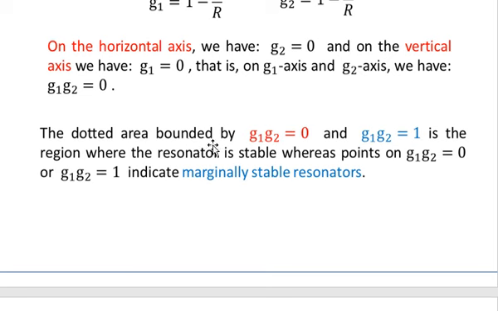The dotted area bounded by G1 G2 is equal to 0 and by G1 G2 is equal to 1 is the region where the resonator is stable, whereas the points on G1 G2 is equal to 0, or the points on G1 multiplied by G2 is equal to 1 indicate marginally stable resonators.